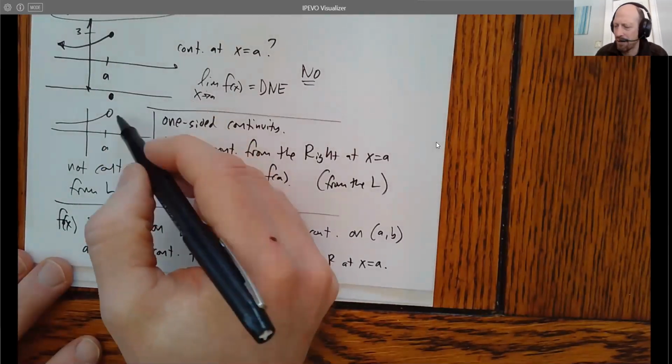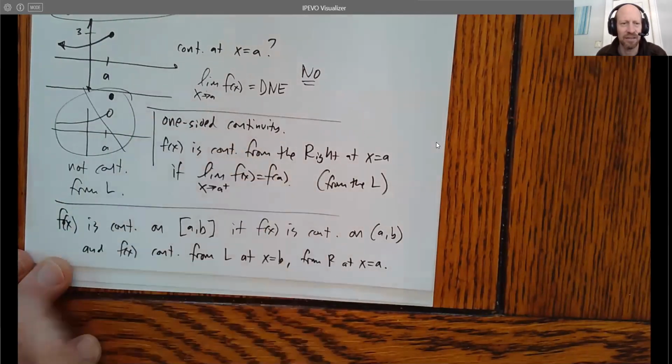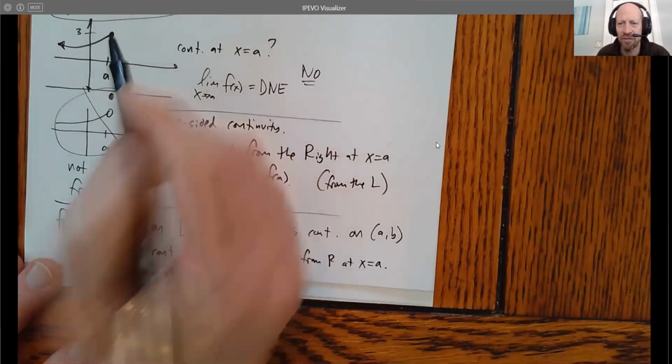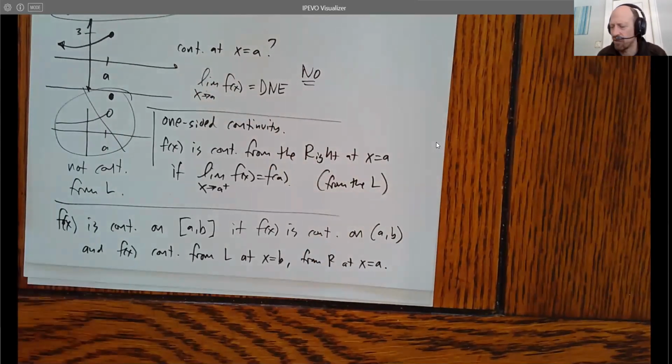So we don't have this situation, right? That's not continuous. We have this situation, where it stops and includes its endpoints. So when we talk about continuity on an interval, we're really talking about continuous at every value in that interval.